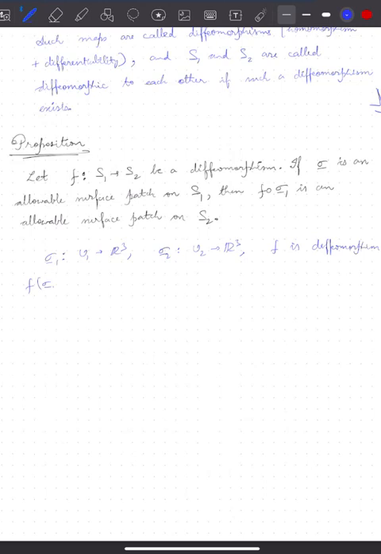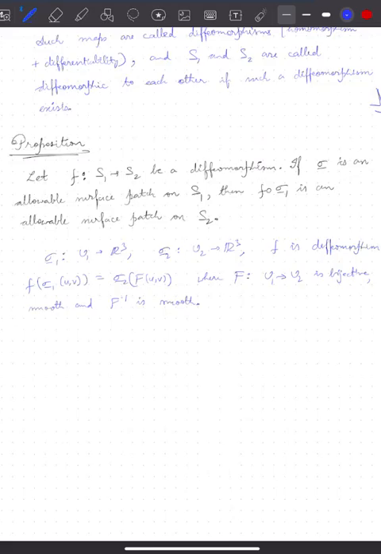Then F of sigma 1 of (u,v) is equal to sigma 2 of some F of (u,v), where F is a mapping from U1 to U2, and it's also bijective, as we learned, smooth, and F inverse is also smooth, right?